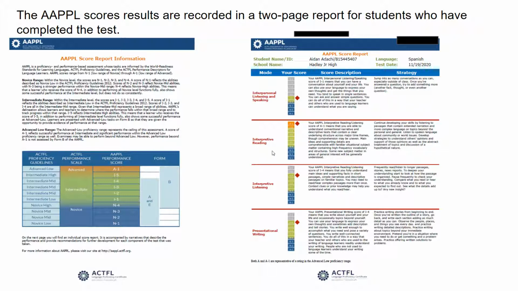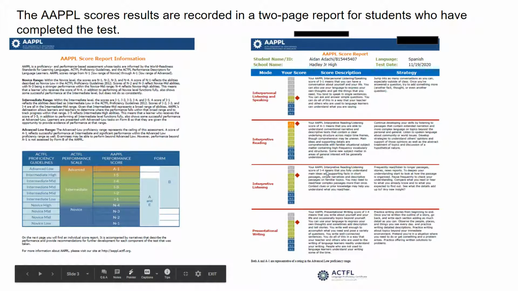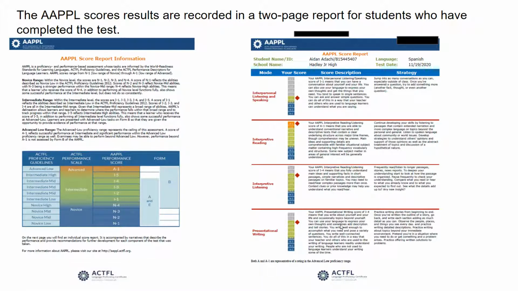This student performed at an advanced level in reading, a very high intermediate level in listening, and a very high intermediate level in writing. And once again, each of these domains have descriptions about what a student's capabilities are at these levels in Spanish, and then strategies for advancing skills in the language.